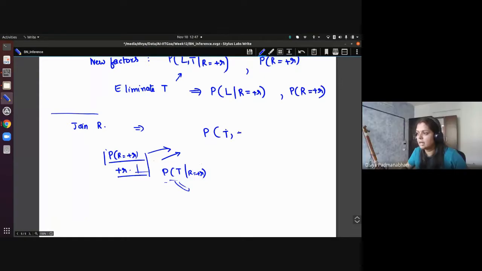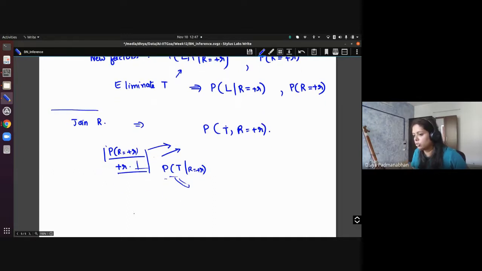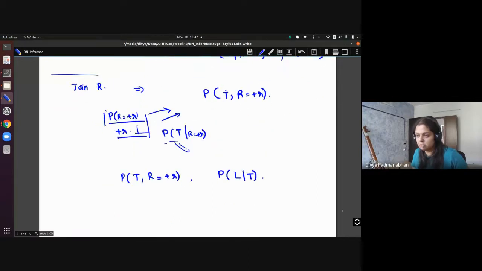P of T and R equal to plus R. And the other factor that you had was L given T. These were the new factors that you had. Now if you did a join over these two factors, let me write it a bit fast, what would you get?